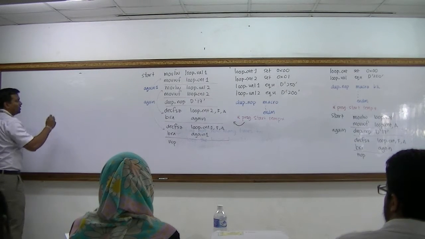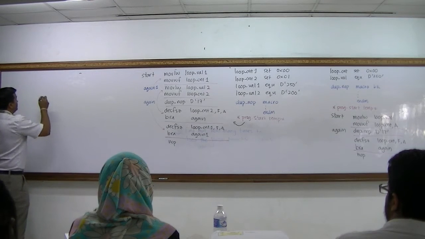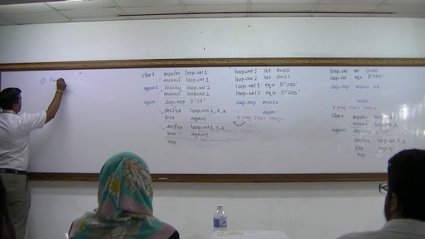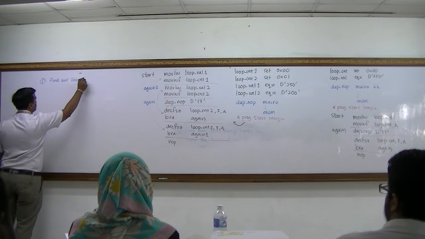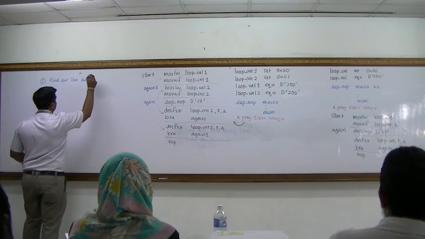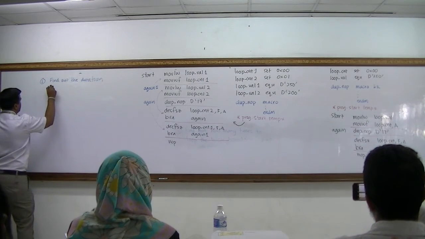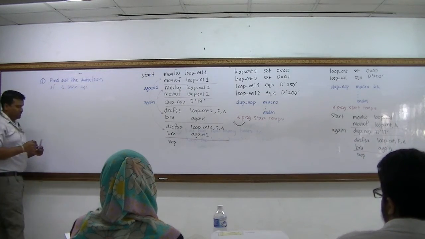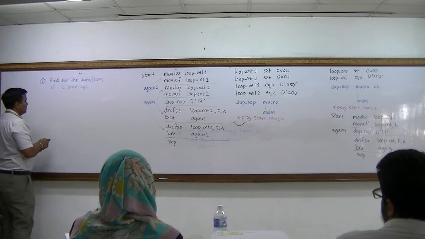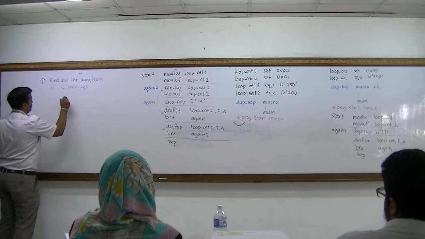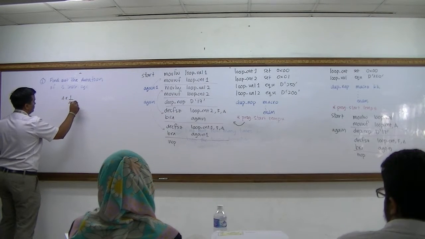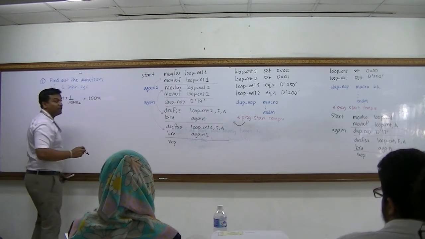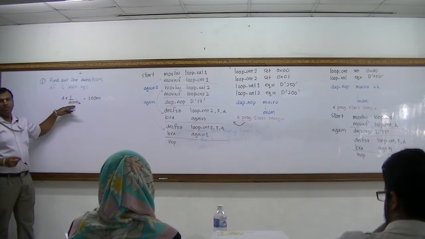Another method is, first you find out the duration of one instruction cycle. So how do you do that? 64 multiply. This one will change if you are given a different value.